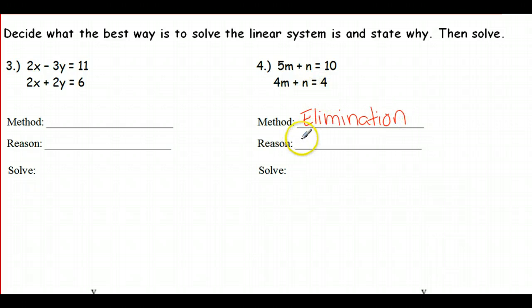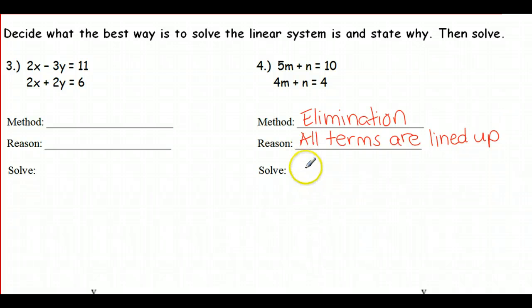And we're going to do it because all terms are lined up. Alright, so let's go ahead and get started. I'm going to write my problems down here. 5m plus n equals 10, and 4m plus n equals 4.